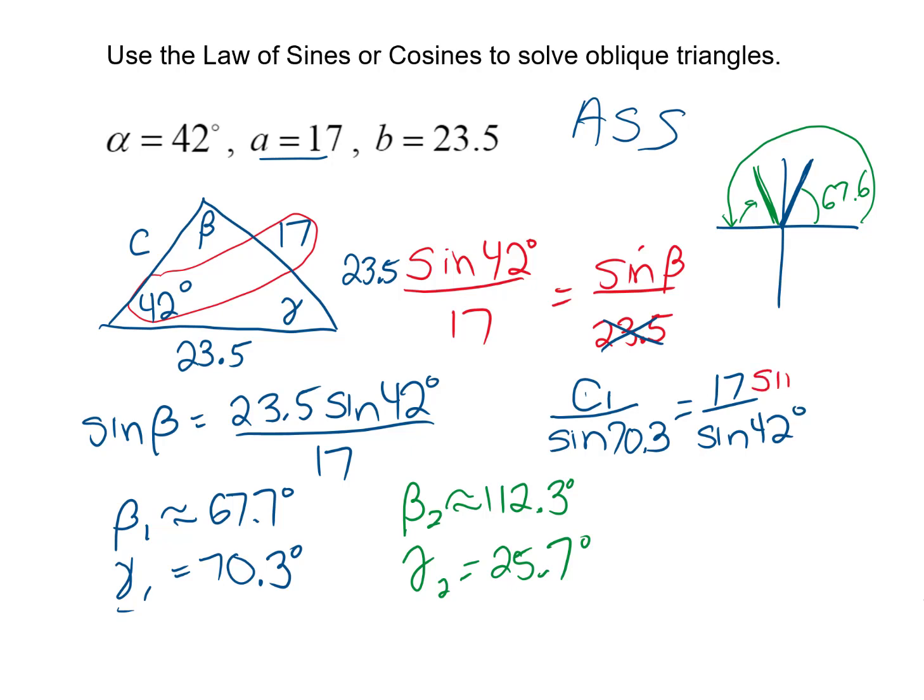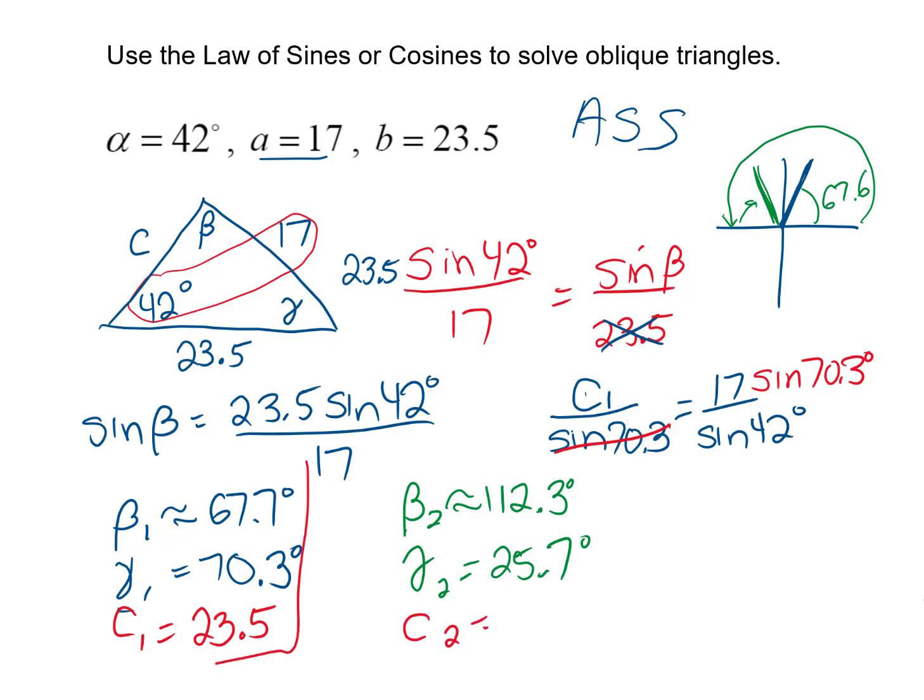So we'll multiply the sine 70.3 degrees over, and now it's just punch buttons, 17 sine 70.3 divided by sine 42, and it looks like our C1 then is 23.5.